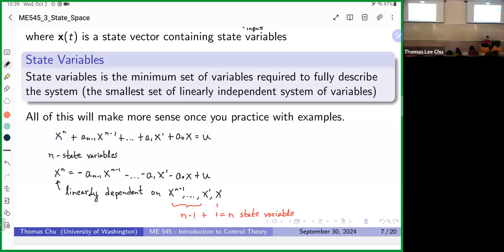It's usually dependent on all of the other state variables, because we can rewrite our differential equation in this form. So this x to the n derivative is linearly dependent on the rest of the state variables, just like how acceleration on the previous page was dependent on position and velocity.